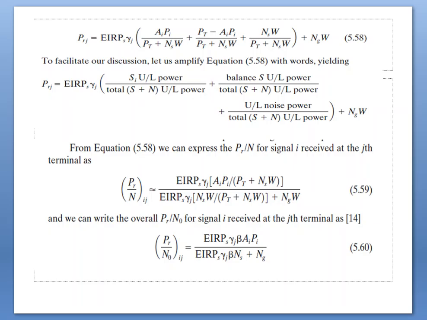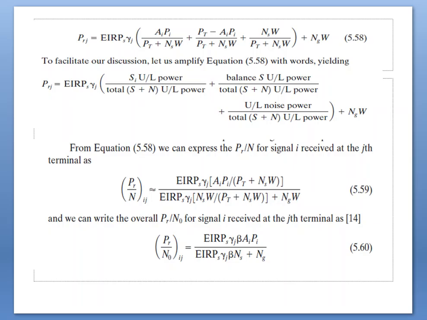The calculation of P by N0 and the calculation of EIRP explain that uplink repeater noise degrades the overall SNR in two ways. It steals downlink EIRP and contributes to the total system loss.